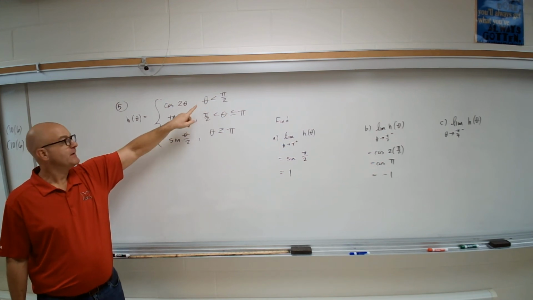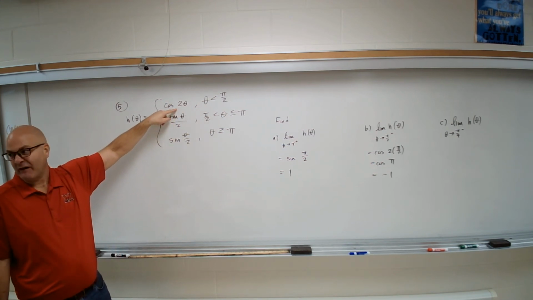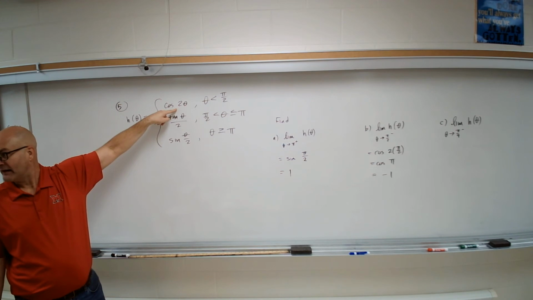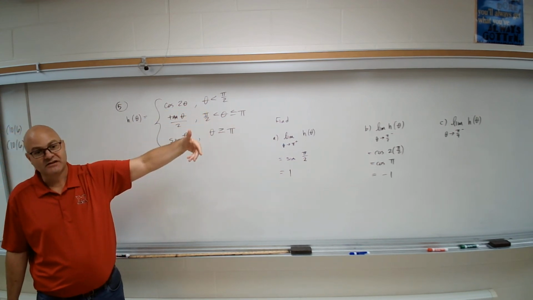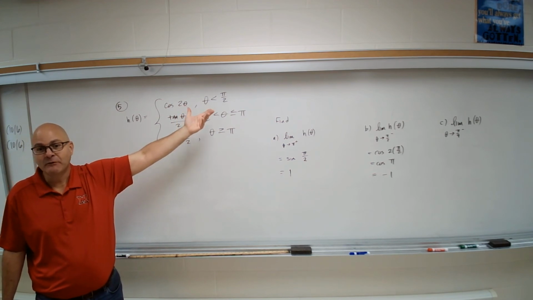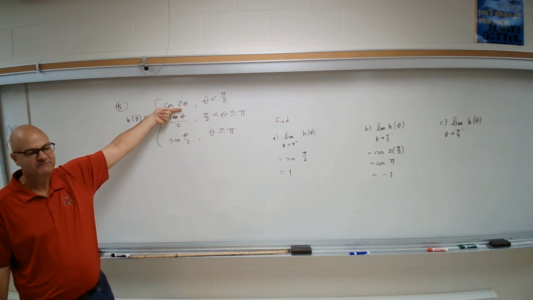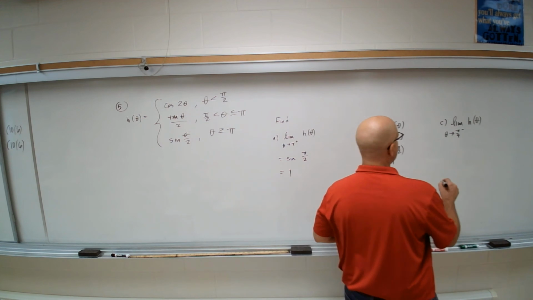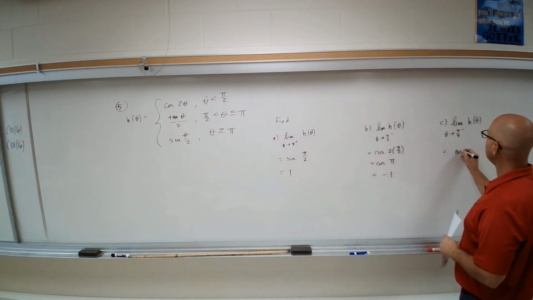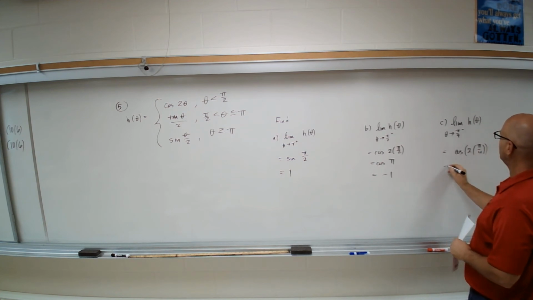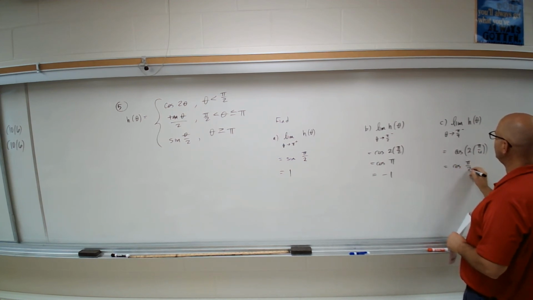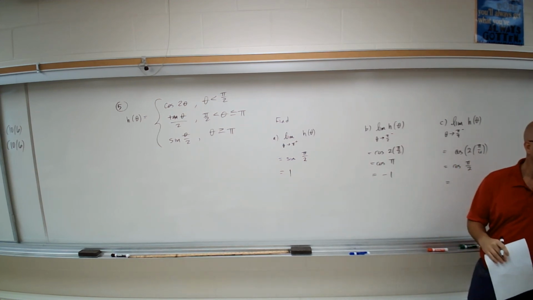Now, because it falls right in it, you actually can find the two-sided limit at pi over 4. I asked for the left-hand limit just to see if we could calculate it. You would still use the same property, and you would say this would be the cosine of 2 times pi over 4, which is the cosine of pi over 2, which is 0.